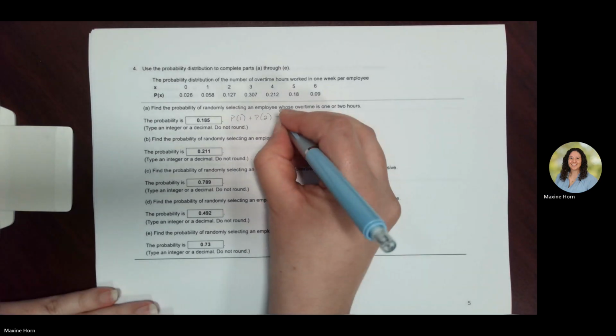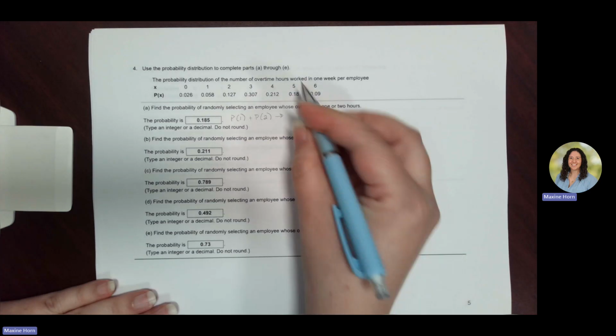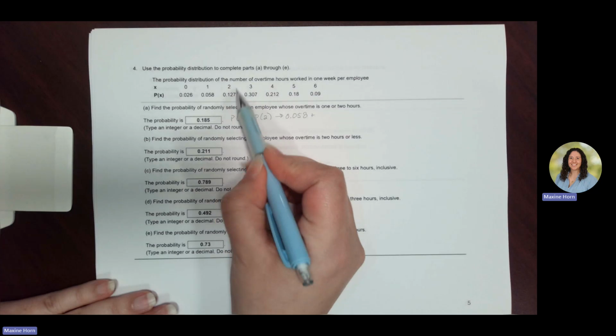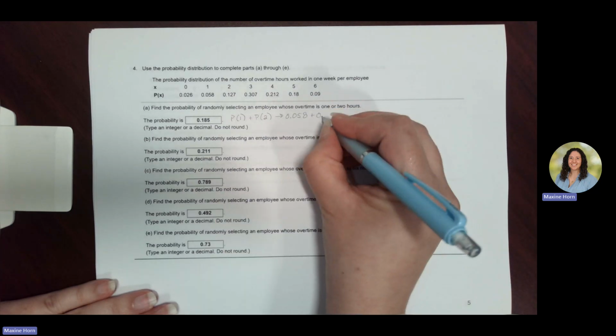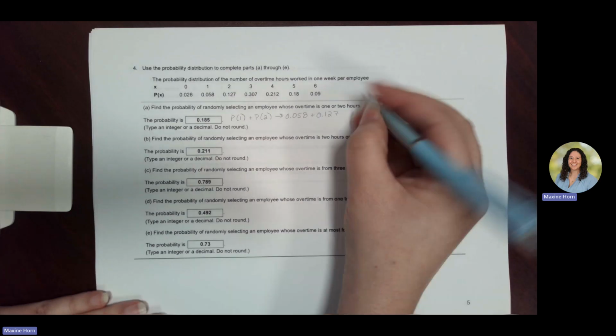Okay, so the probability of having 1 hour of overtime is 0.058, and the probability of having 2 hours of overtime is 0.127. So we're going to go ahead and add those up together.